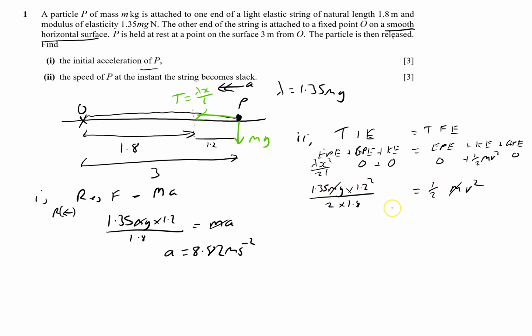The m's cancel out, times both sides by 2, and that says that v squared equals 10.584, and so v equals 3.25 meters per second.